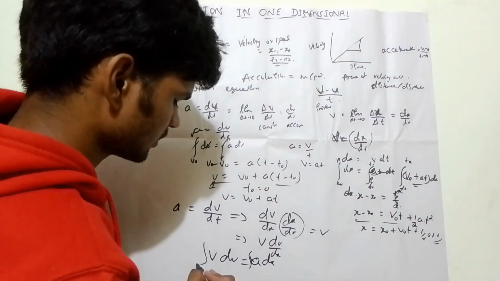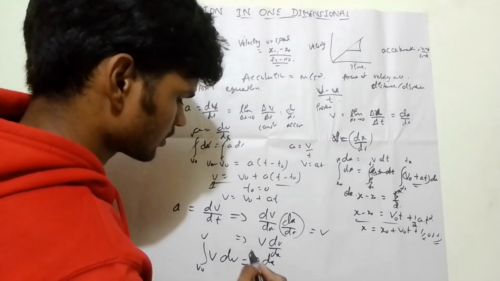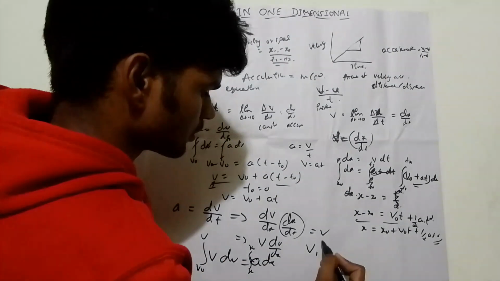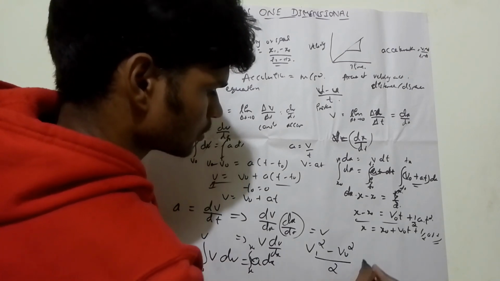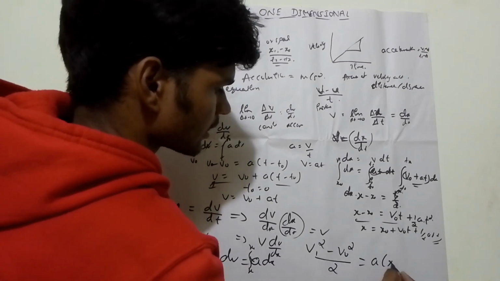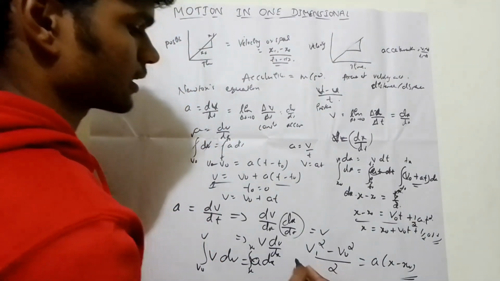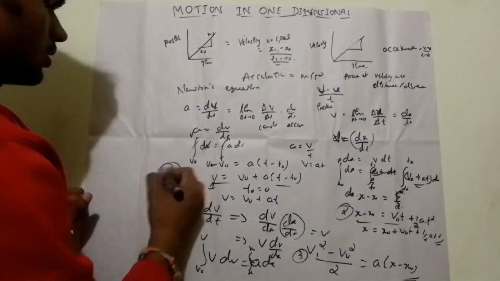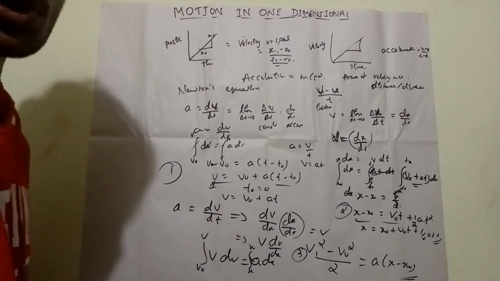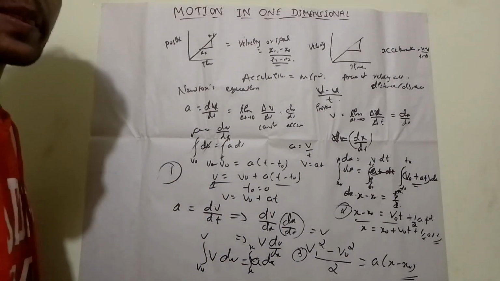Integrating on both sides, v naught to v, x naught to x, (v square minus v naught square) divided by 2 is equal to a times (x minus x naught). Okay, this is the third. These are Newton's equations.